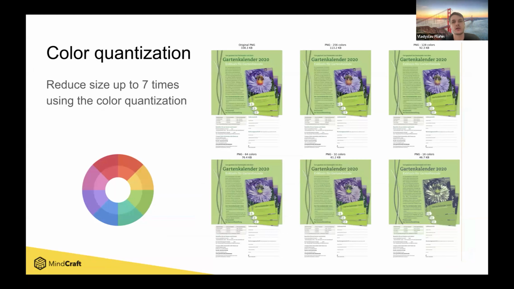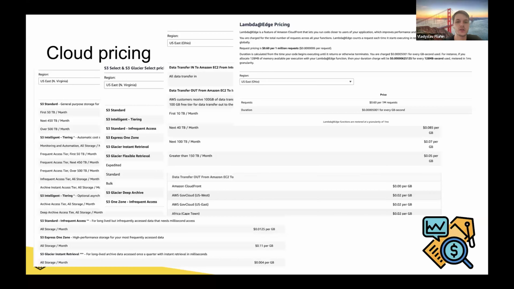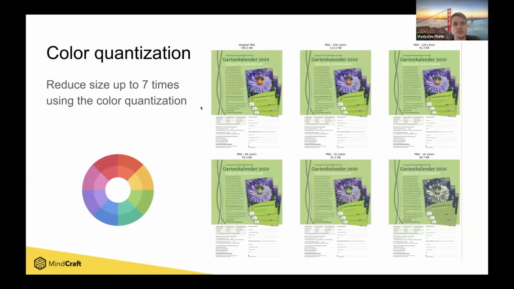The next one is color quantization. From the previous slide, you have understood that we have to worry about all the different costs. One of the costs is data transfer out from Amazon, and we pay for each megabyte that we send.